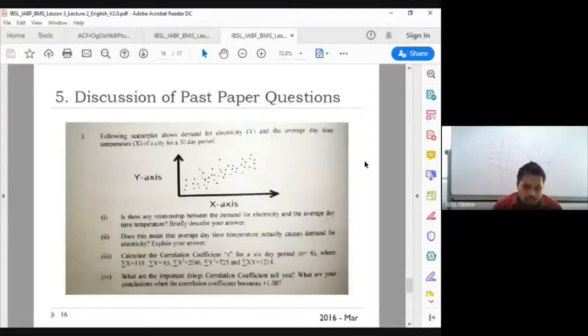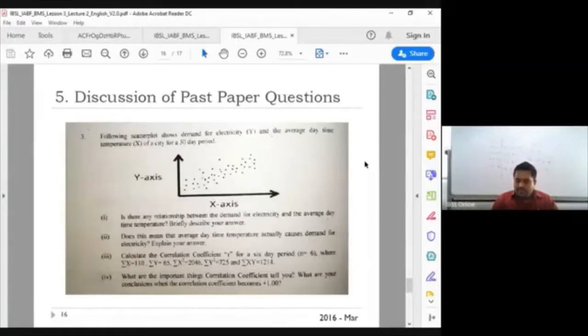Now, the statistician who has plotted these scatter points is trying to identify whether there is any relationship between these two variables: one, electricity demand, second one, temperature for given 30 days.